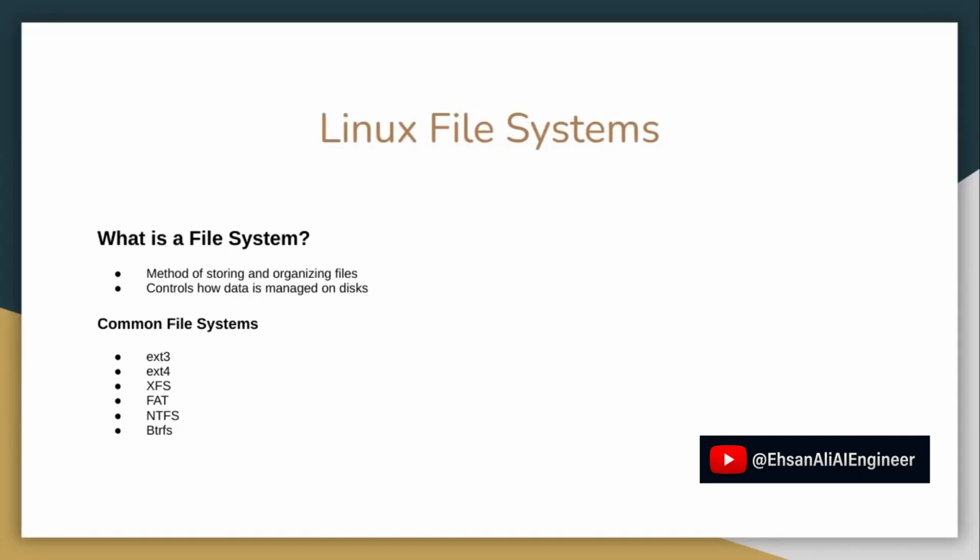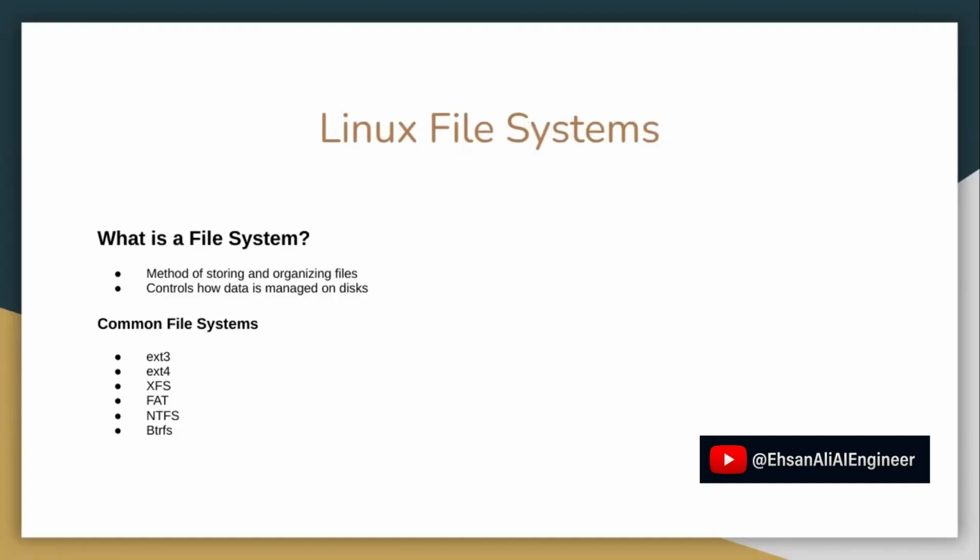A file system determines how data is stored, organized, and retrieved from storage devices. Without a file system, the operating system would not know how to store files or locate them later. Linux supports many file systems. Ext4 is one of the most common Linux file systems used on Linux servers and desktops.